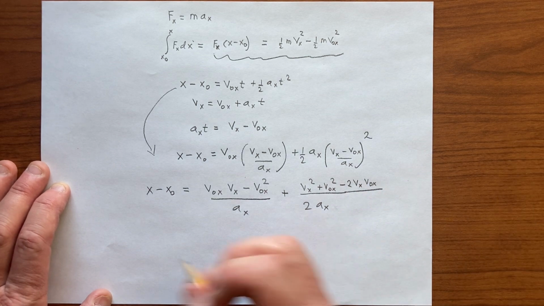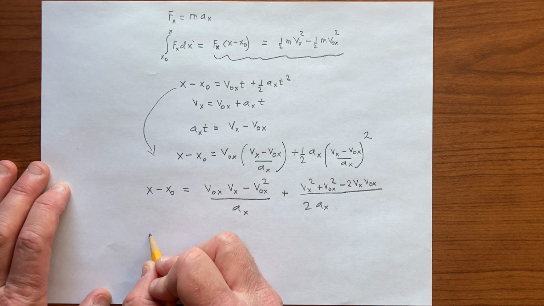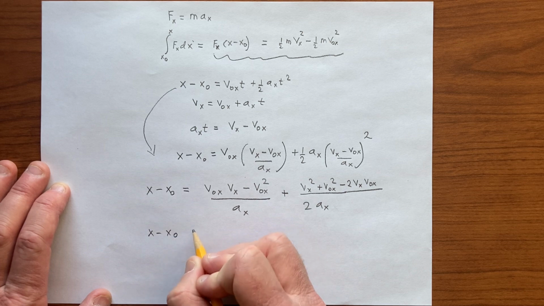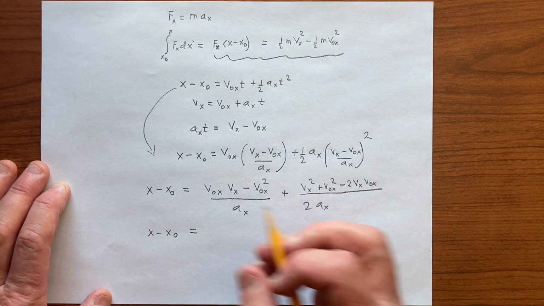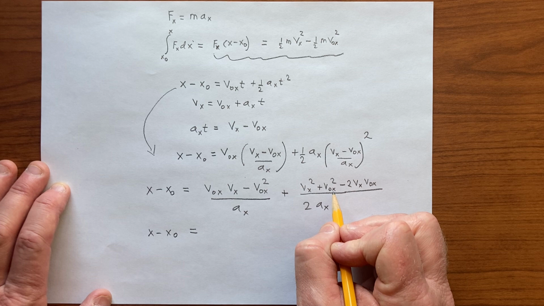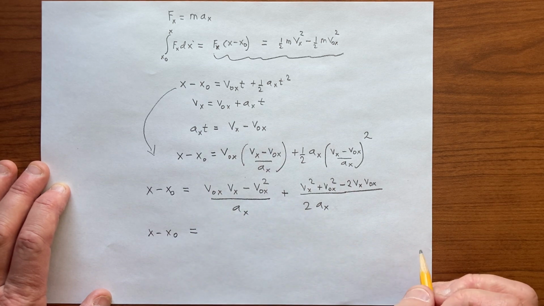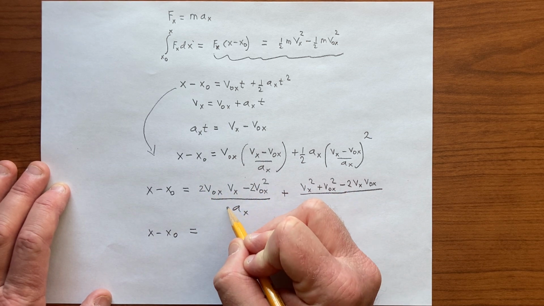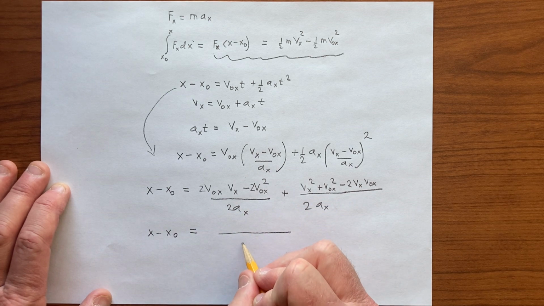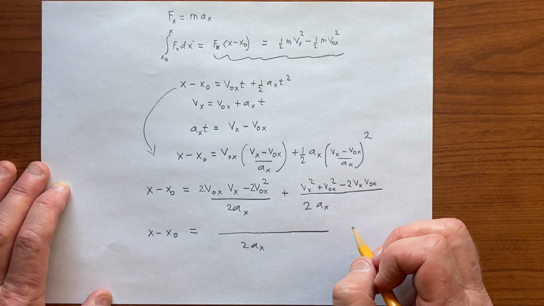So I want to multiply the first term by 2: 2 v naught x vx minus 2 v naught x squared over 2ax, so that I have 2ax here.